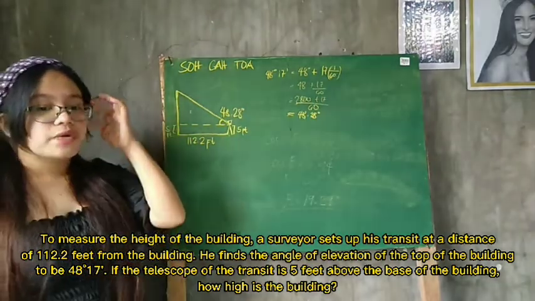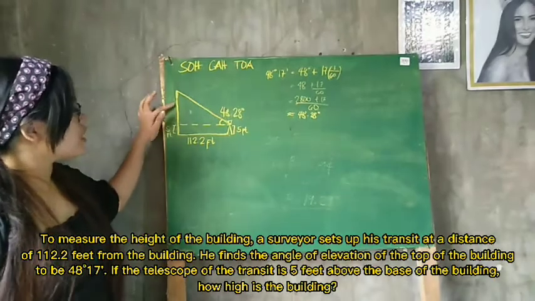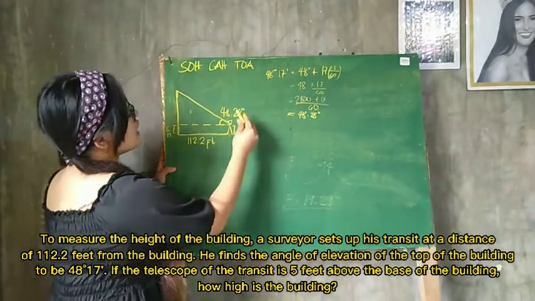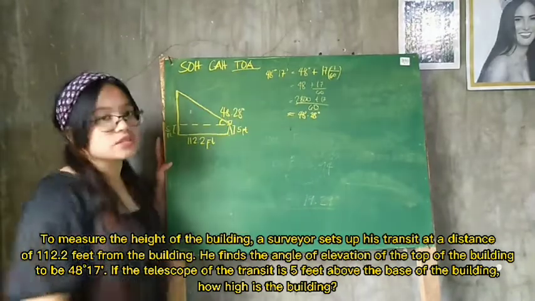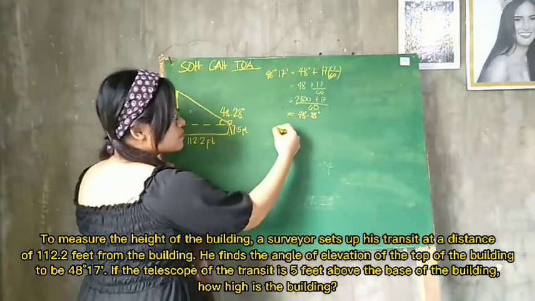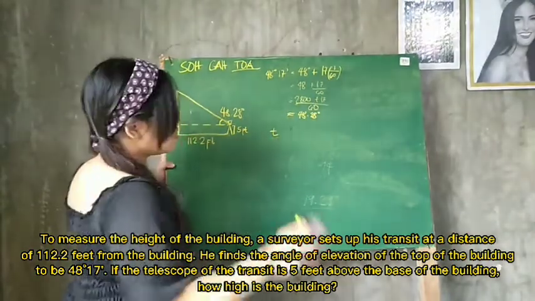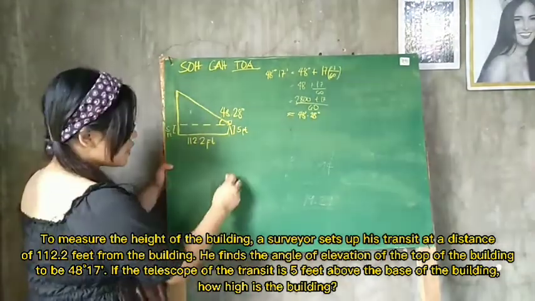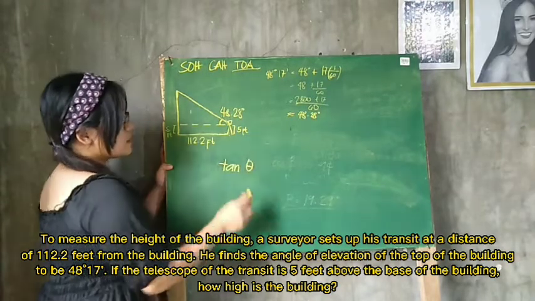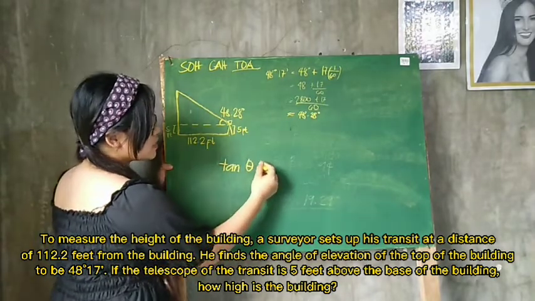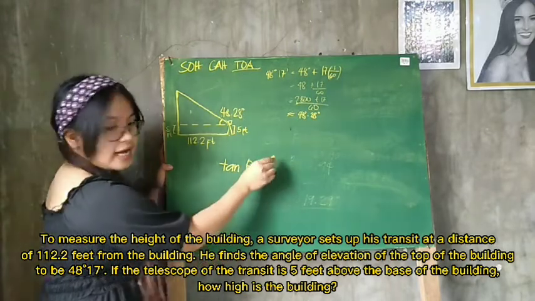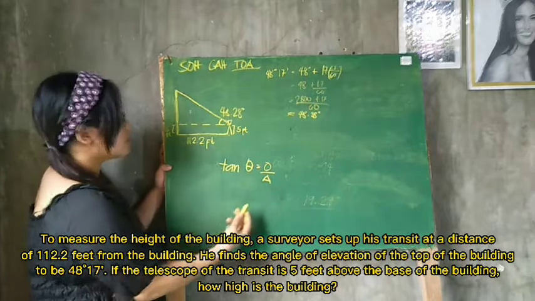Next, let's find the height of the building now. We are going to use TOA, opposite over adjacent, the tangent. So tangent of theta is equal to opposite over adjacent, or the height over the width.